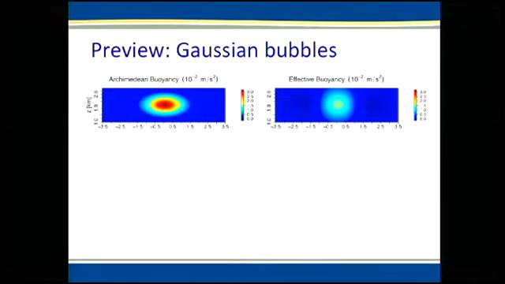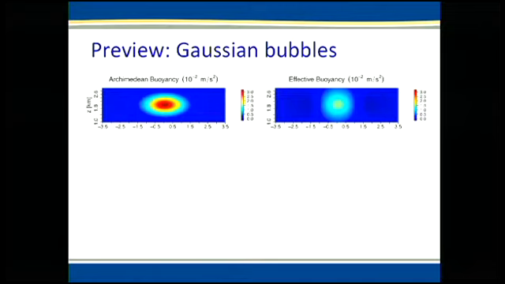What's plotted here are X and Z cross-sections through the center of the bubble, on the same color scale. You see that already the effective buoyancy is a factor of 2 smaller than the Archimedean buoyancy, just for this kind of standard bubble.